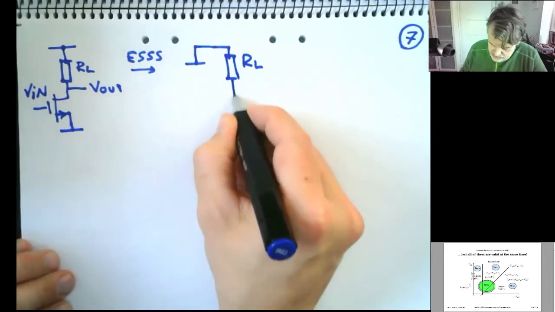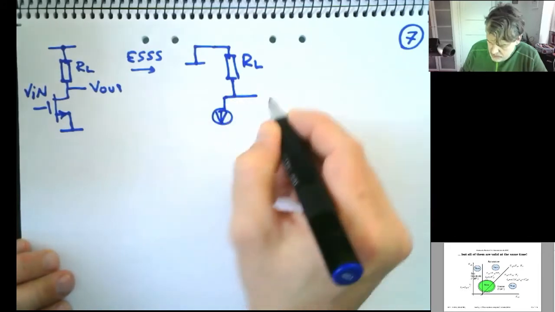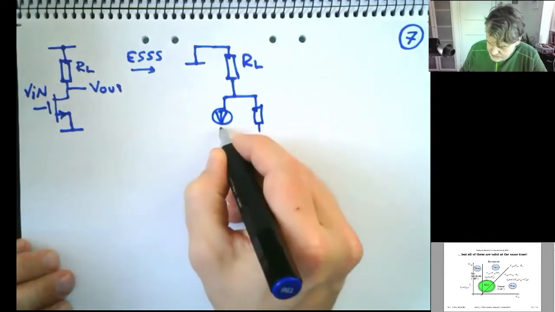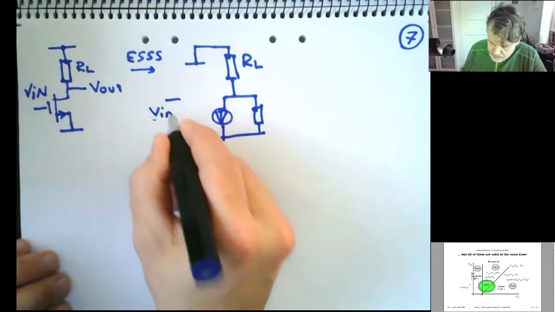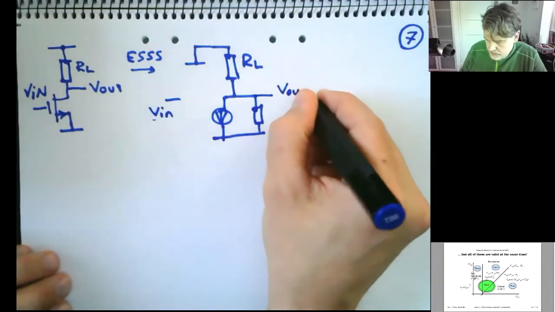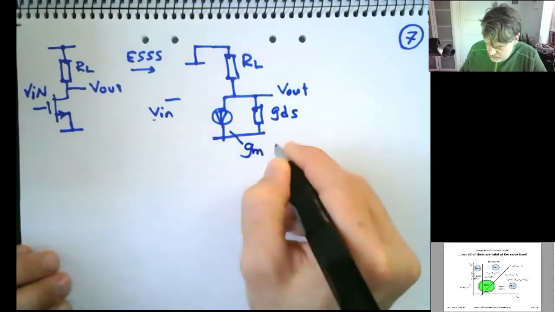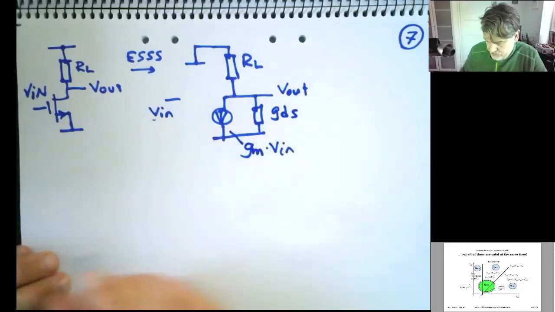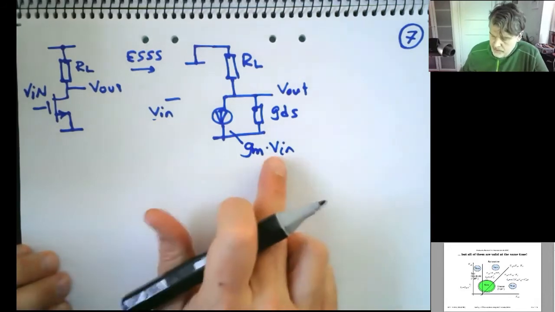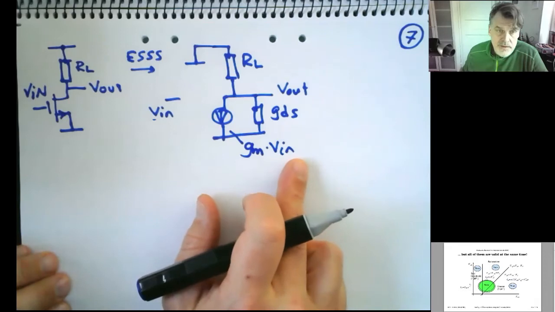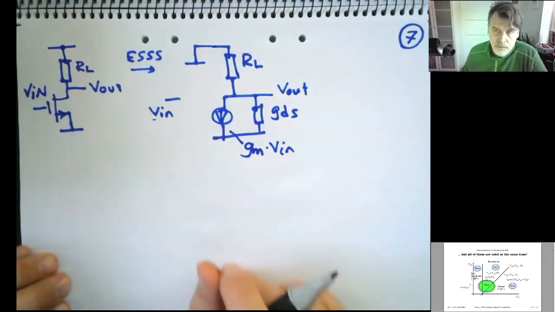RL, and then I would have my current source and my GDS of my transistor, and V in would just be here somewhere, and this is V out, GDS, GM times V in. And in my linearized world, I don't need to care about VT here, that's already derived. It becomes 0 when I do my derivation.